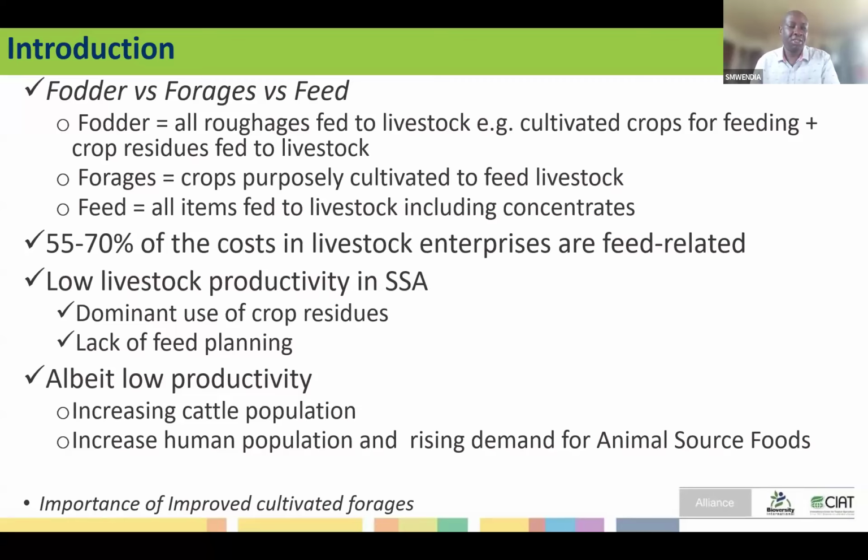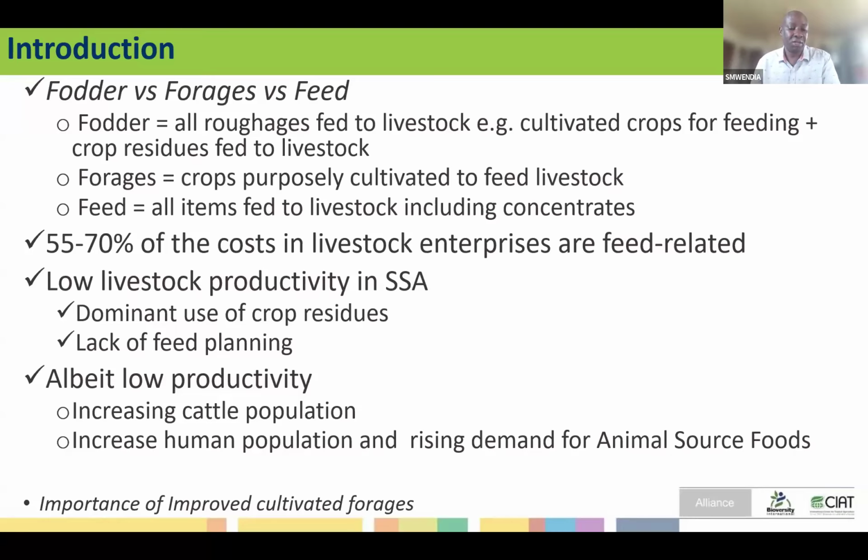And the other challenge I have come across in many farms is lack of feed planning, call it feed budgeting, if you like, just like we plan for our families, knowing that from January to December we have adequate food for the family. You also need to do a similar thing for your livestock, depending on the number of animals you have.